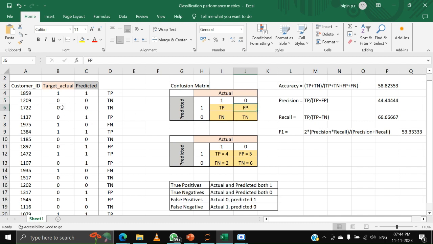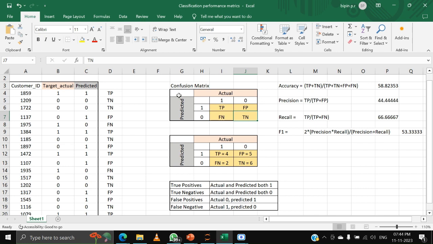If actual is 1 and predicted is 0, it should be false negative. Similarly, actual 0, predicted 0, it is true negative.